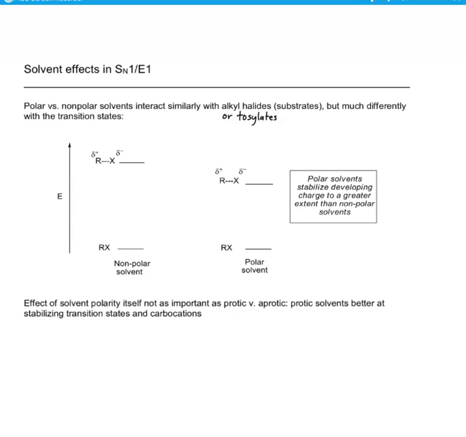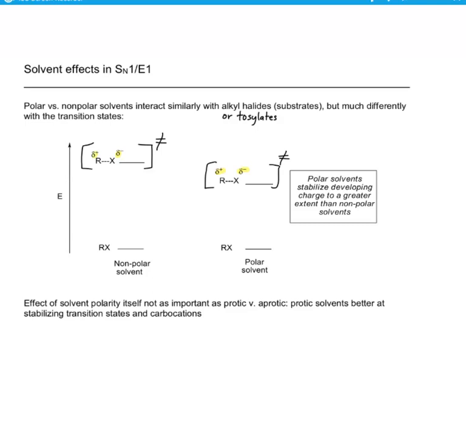So if each of these are transition state structures that show the ionization in the process of taking place, so the bromine or the chlorine or whatever it is departing from the molecule to form the carbocation, notice that you have charge building up in that situation.